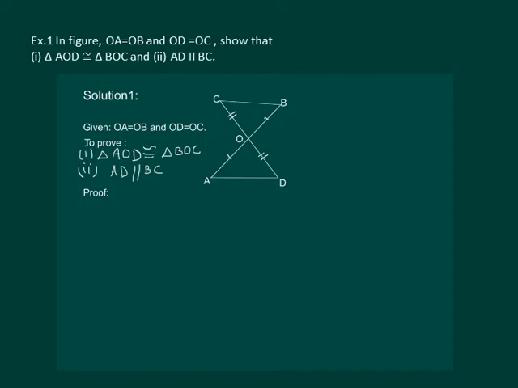So, we start with that in triangle AOD and triangle BOC, OA is equal to OB and OD is equal to OC.